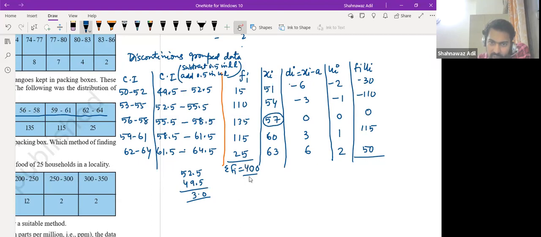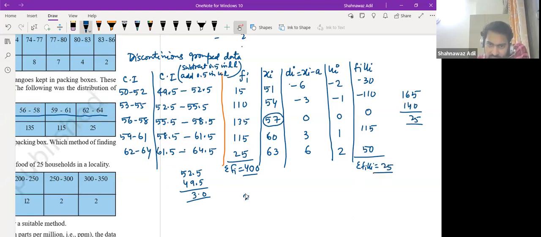So this is 400. And what is this fiui? So fiui summation is 165, and this is 140. So this is 25, right?